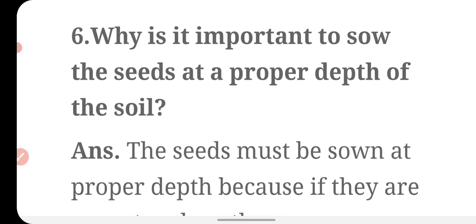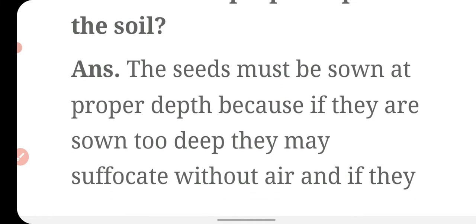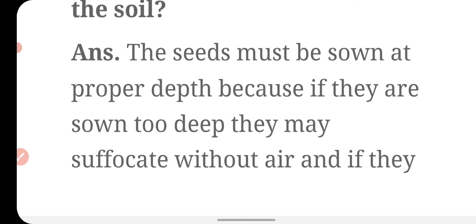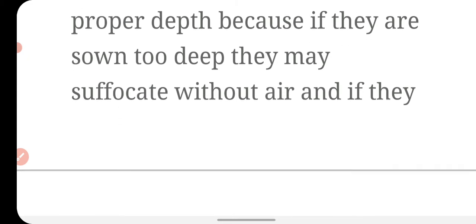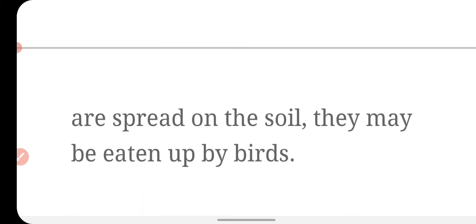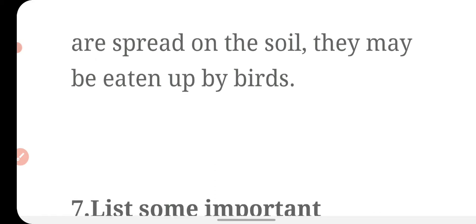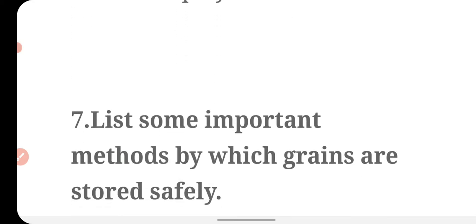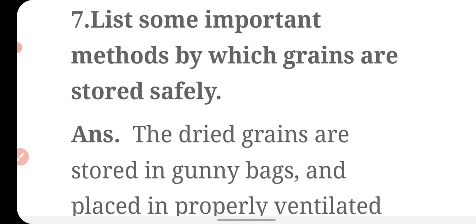So in the sowing of seeds, proper depth is very necessary, because if you keep the seed at a very great depth, it will not get enough air and will suffocate and die. And if you spread the seed on the surface of the soil, it will be eaten up by the birds. So that's why proper depth is necessary to sow the seed.